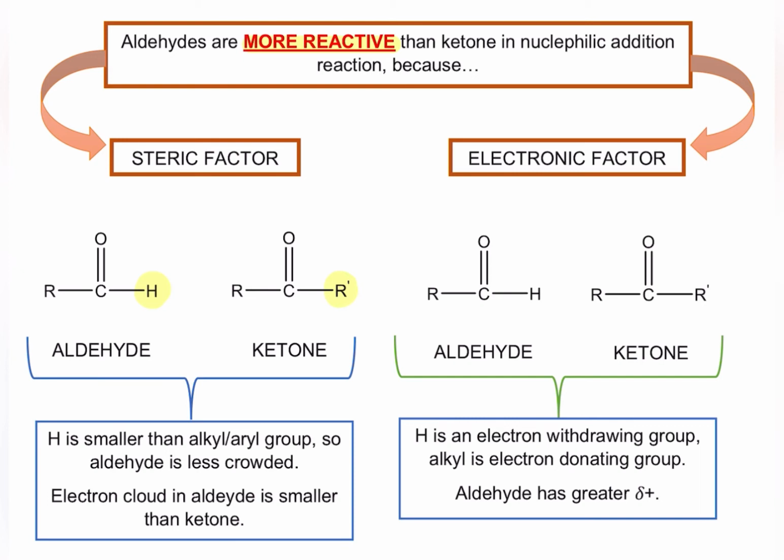The size of a hydrogen atom is much smaller than an alkyl group, because this is an atom and this is a group, which is a mix of more than one atom. So for aldehyde, due to hydrogen attached to the carbonyl carbon, aldehyde is less crowded, or what we call less hindered, than ketone.